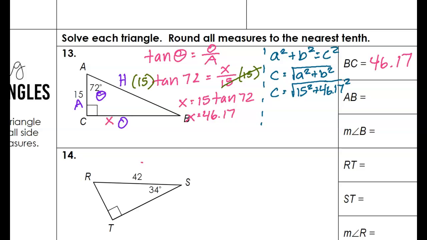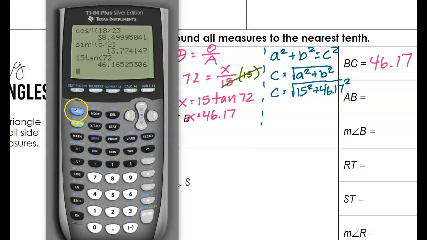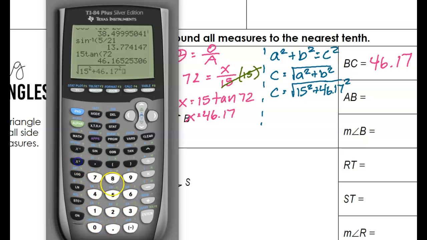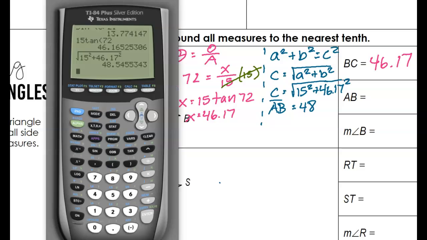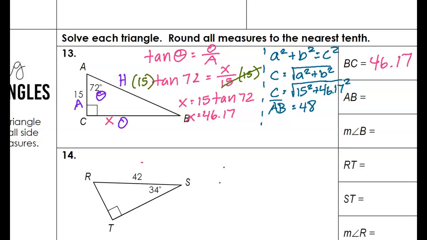So putting this in our calculator, the square root of 15 squared plus 46.17 squared, 48.55. So that length there was AB, 48.55.